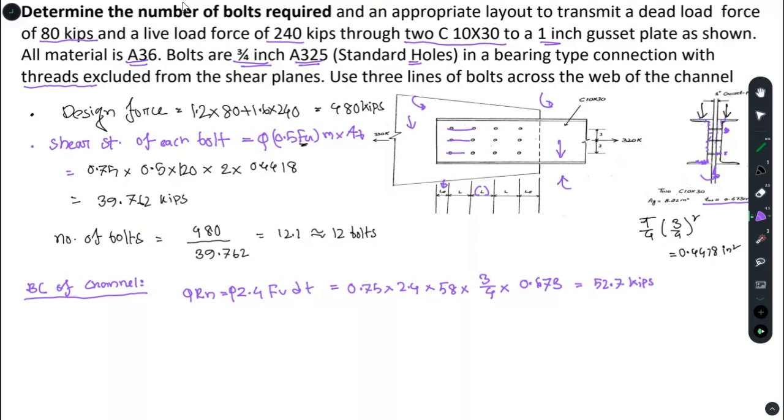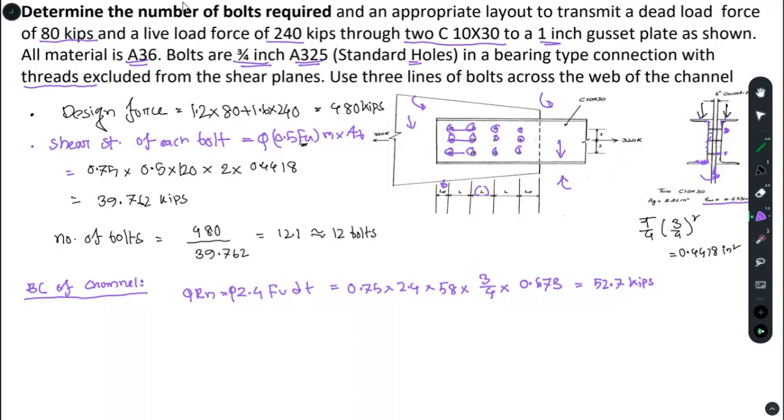So the thing is that since you are using 12 bolts, you have 12 bearing surfaces for the channel at the front part, and at the rear part you have another 12 bearing surfaces.